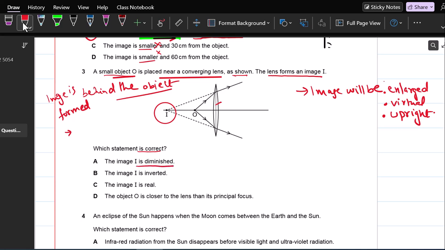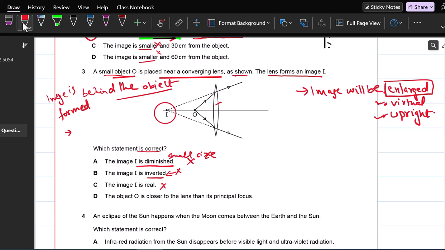No, I am saying it is enlarged. Diminished means small size, not possible, so this option is wrong. Image is inverted? No, that is possible when the image is formed on the screen. So the image is virtual. Wrong option. Image I is real? No, it is virtual. Inverted means upright? No, all the three options are wrong.